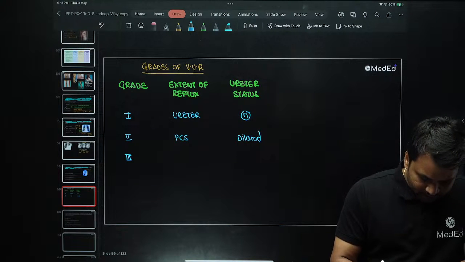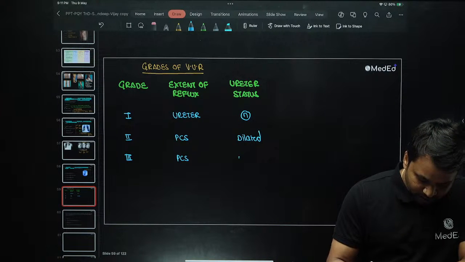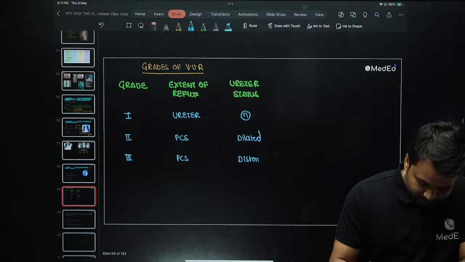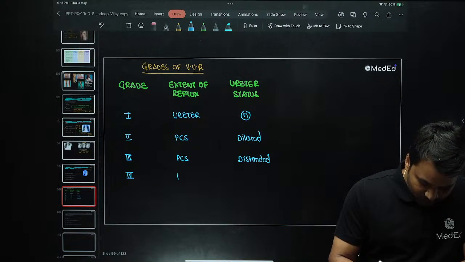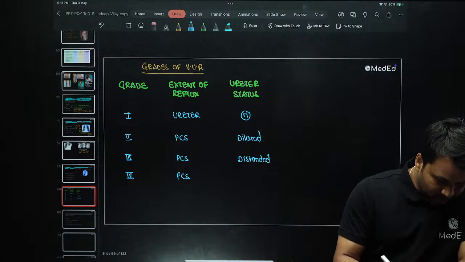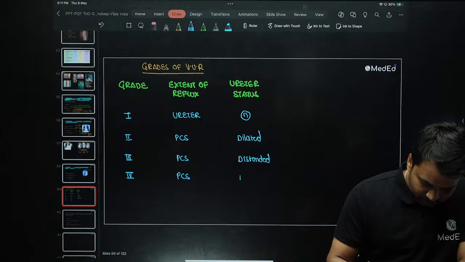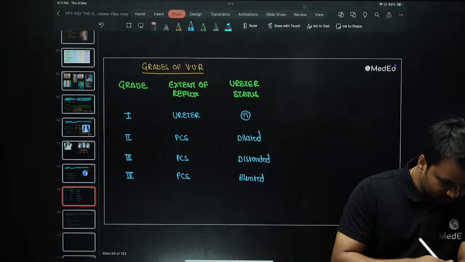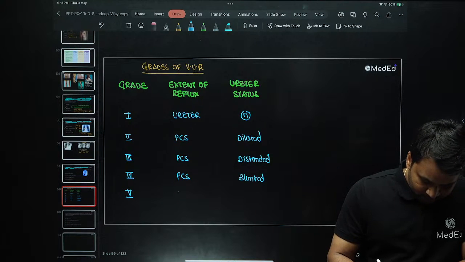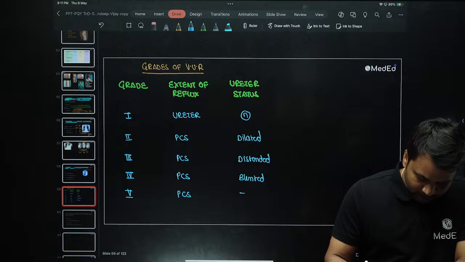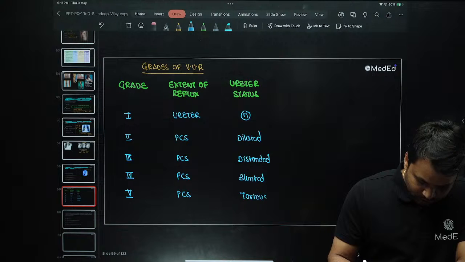Grade 3, the reflux is all the way to the pelvicalyceal system, and here the ureters become distended. Grade 4, the reflux is all the way to the pelvicalyceal system, and here they become blunted.